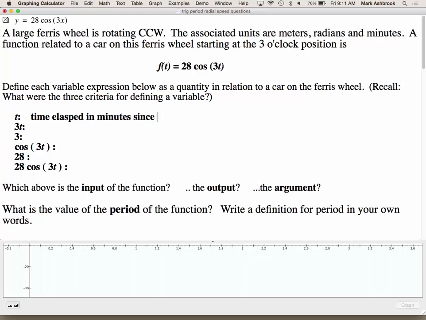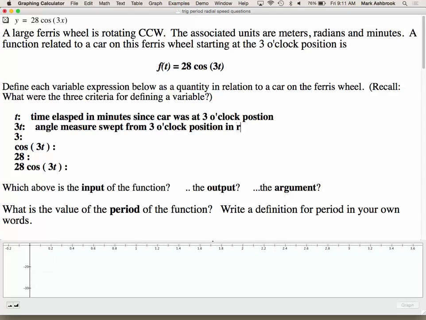Nice. Now 3t. What quantity is 3t? The angle measurement of rotation of the wheel in radians. Angle measure swept from where? From the 3 o'clock position to wherever it goes.